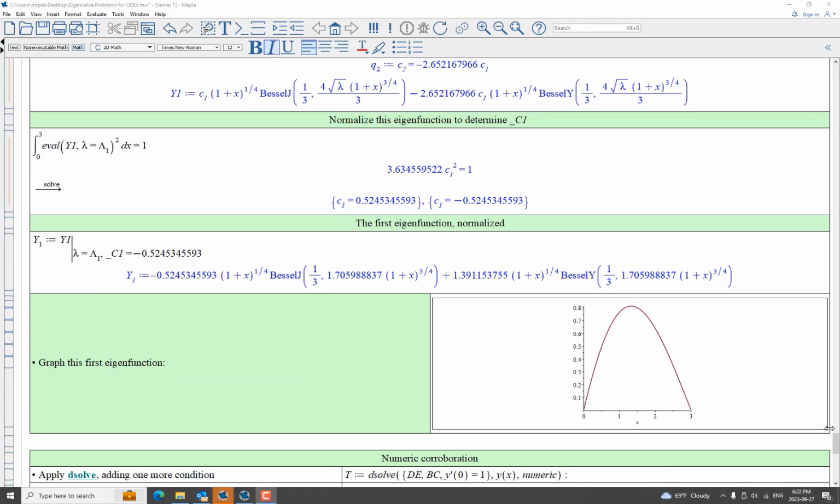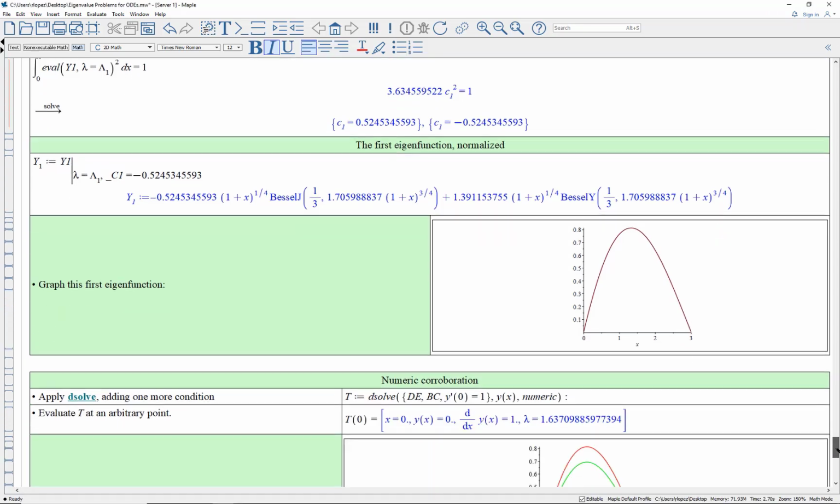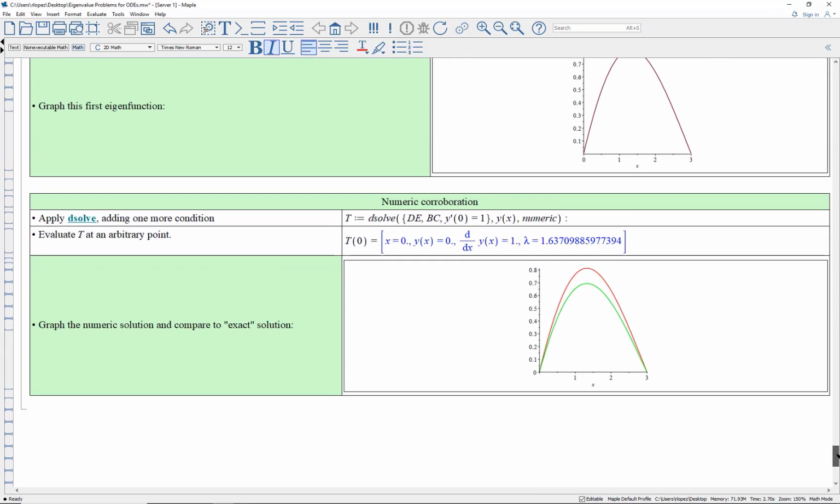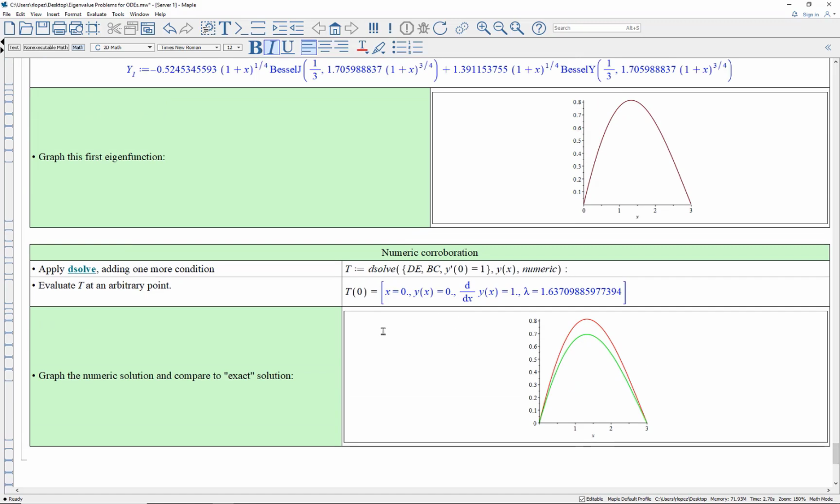Well, it's always nice when you can cross-check by using a different tool and see if you get the same result. So here's a numeric corroboration using dsolve numeric. Remember how to do that? Differential equation, boundary conditions, and an extra condition that you make up, so that y prime at 0 equals 1 allows Maple to compute that unknown lambda.